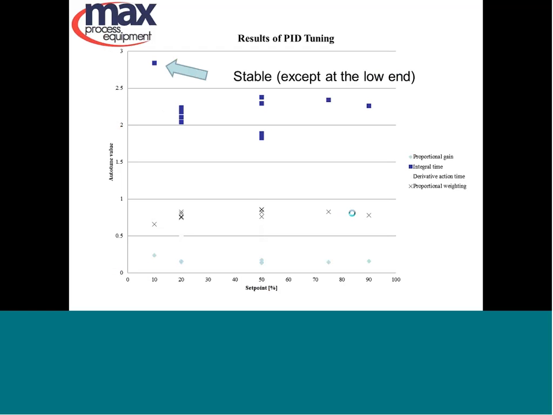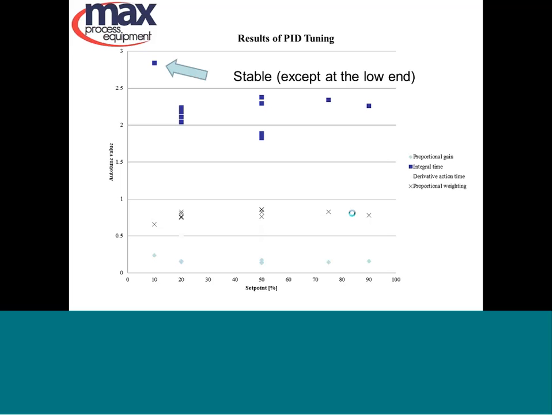So what I did here was I repeated the auto-tune feature, and I plotted the P values and the I values and the D values for those multiple runs. Across the x-axis is the set point. I tuned it most often around 50%, but I also tuned it at the two extremes.